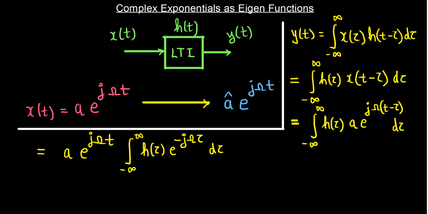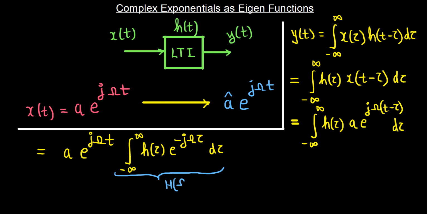Now let's look at this equation. This part here, the integration of h of tau into e to the power minus j omega tau, let it be represented by some function. So let this be capital H, and as we know this is a function of omega.